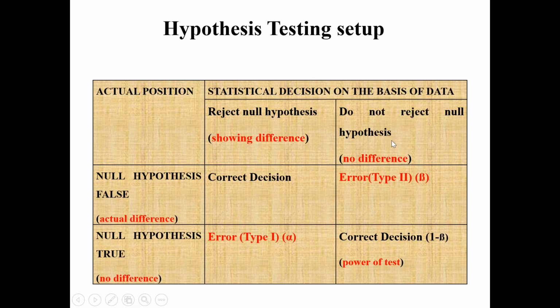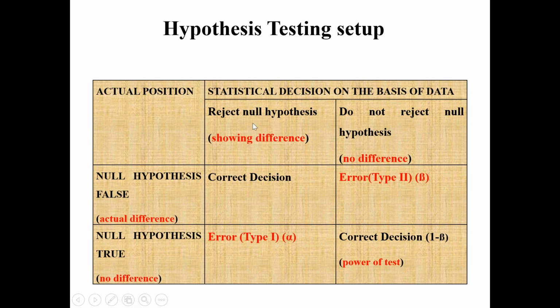In actuality, there is a difference, but your test says there is no difference. This is an error committed by the test, and it is known as type 2 error, which is also known as beta error. So these are the connotations given in statistics: type 2 error or the beta error.